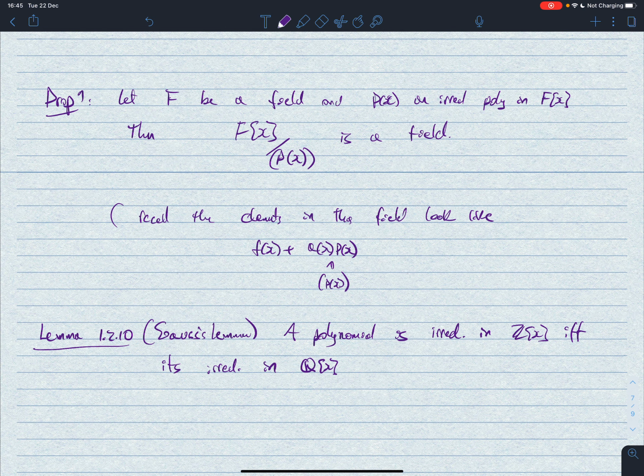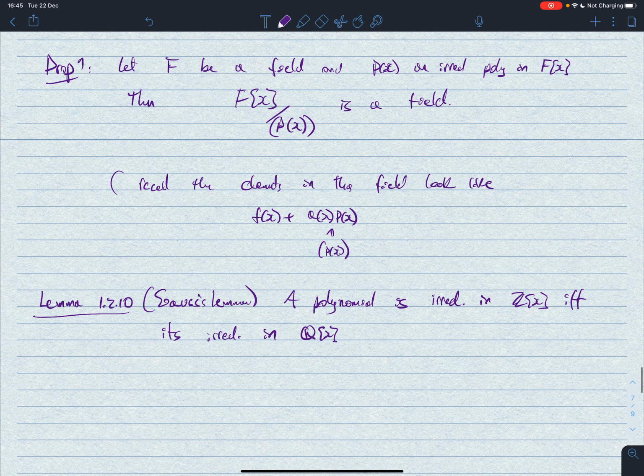So I can check if a polynomial is irreducible by either checking it inside the rational numbers or checking it inside Z[x]. In practice, this is really useful because I'll give you a polynomial and we'll want to know if it's irreducible in Q[x]. Well, here it might be a bit complicated to do, but I'm going to give you lots of ways of checking the polynomial is irreducible in Z[x]. And this is what we're going to use. So somehow we'll transfer from checking a polynomial is irreducible here to just checking it is irreducible here.